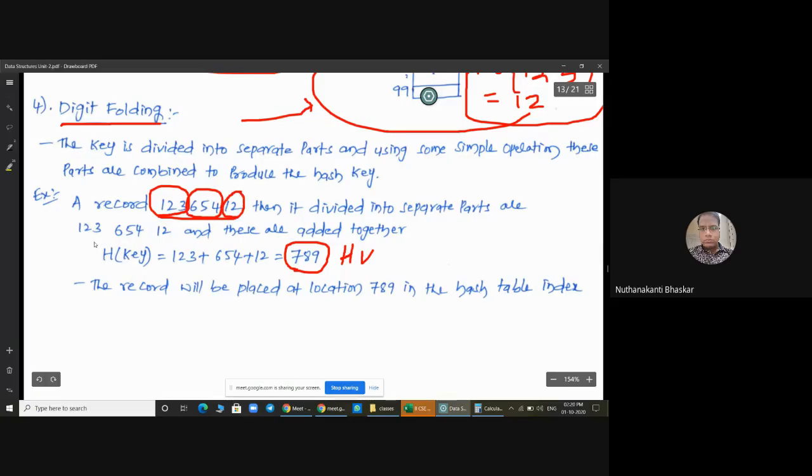So now they take 123 plus 654 plus 12. Finally we get 789. Now they are going to store this value at position 789 in the hash table. Understand? Very simple mechanism. Understood this?